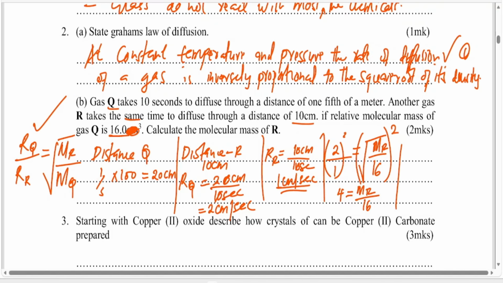And when I work this out by cross multiplication, the molecular mass of gas R is going to be 16 multiplied by 4. And when we work this out, we obtain 64.